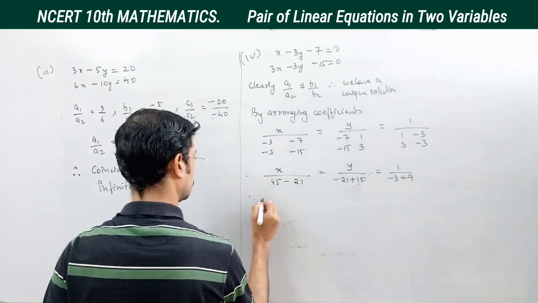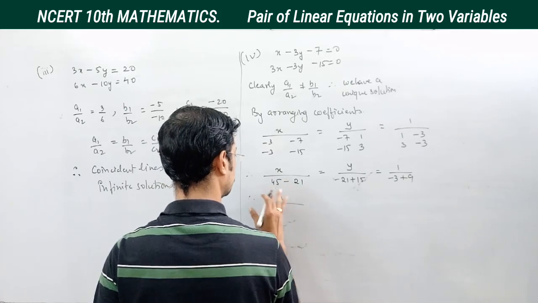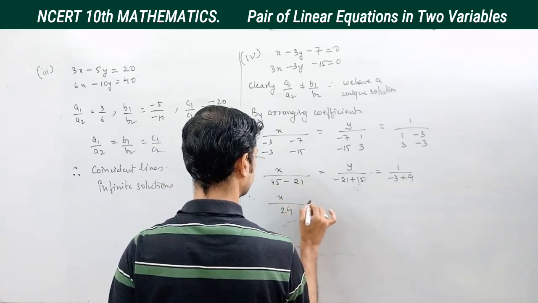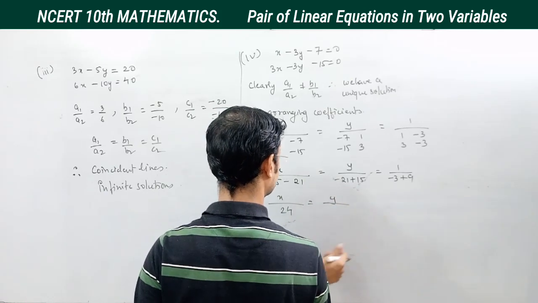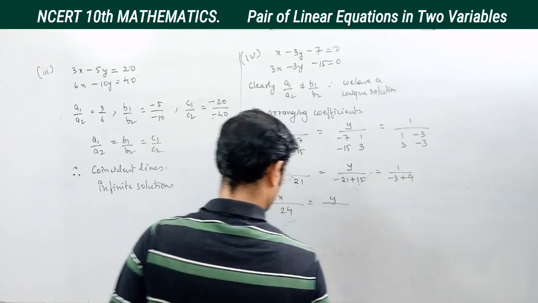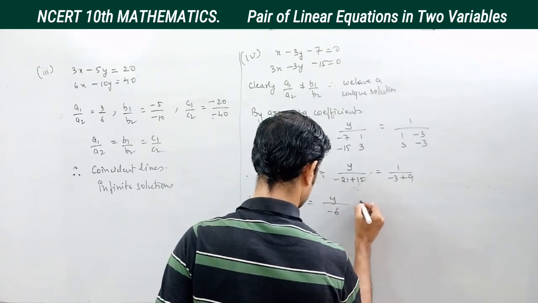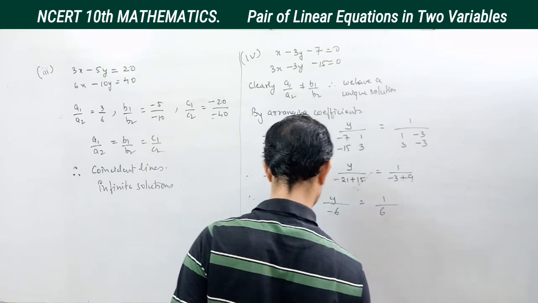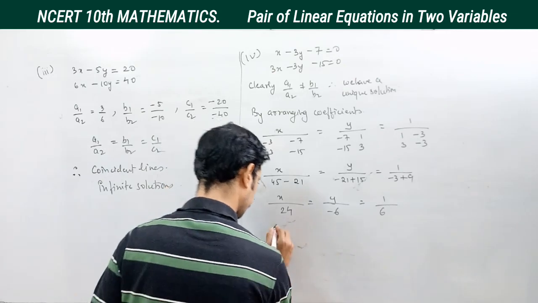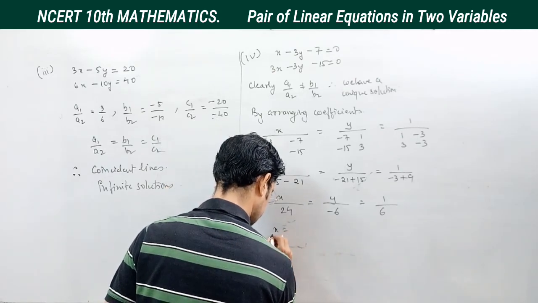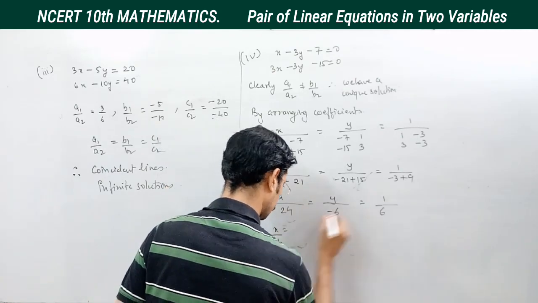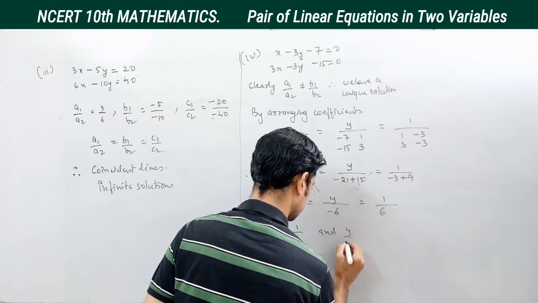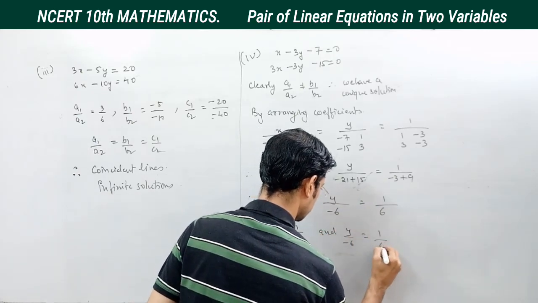So x by, what is this? 45 minus 21 is 24. This is equal to y by 6, minus of 6, equal to 1 by 6. So x by 24 equal to 1 by 6, and y by minus 6 equal to 1 by 6.